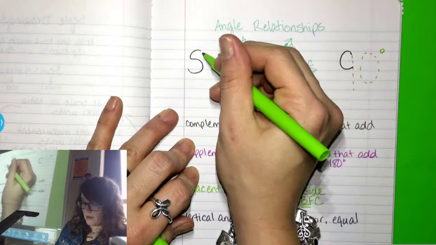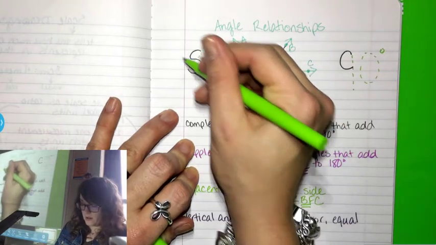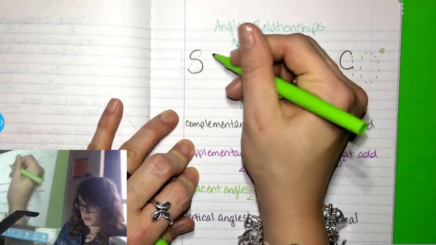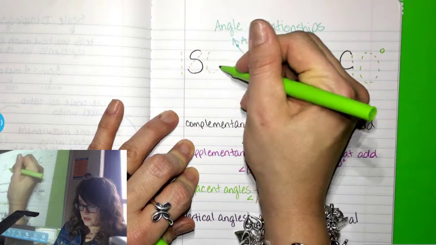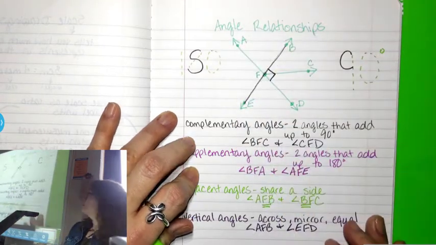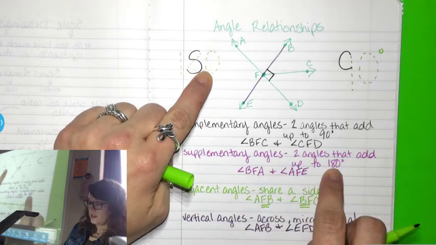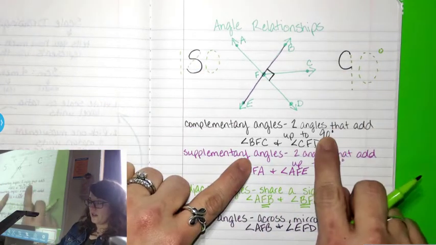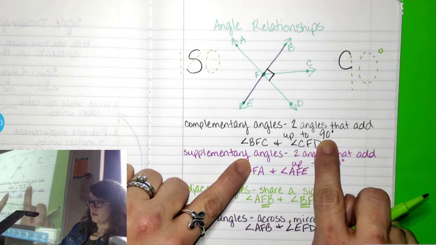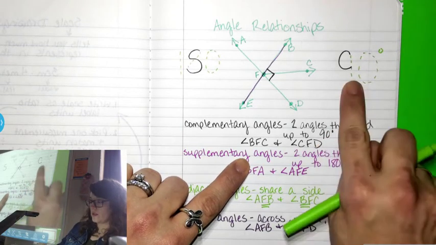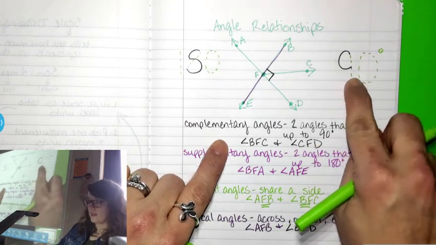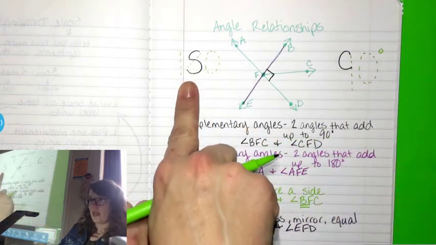And the S can make an 8 for 180. That's the trick to help you remember. So complementary equals 90. Supplementary equals 180.